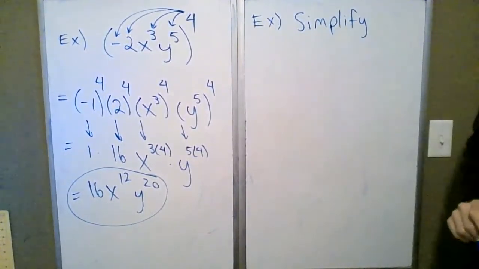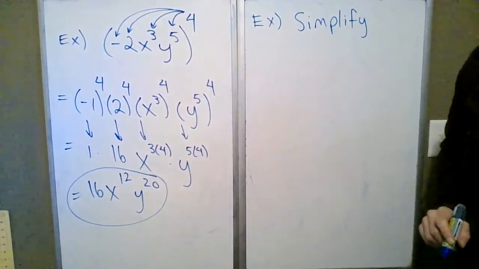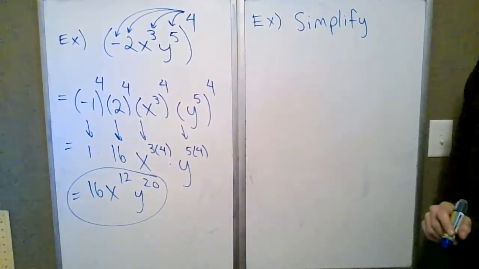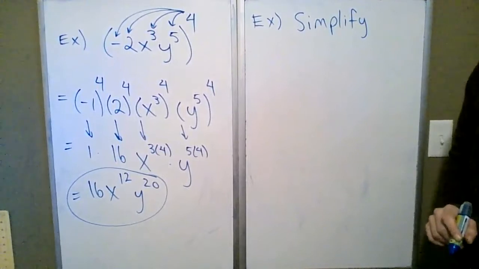Simplify. I think we just did this one. All right, we're at negative 3, a to the power negative 2, and that all has power 5.